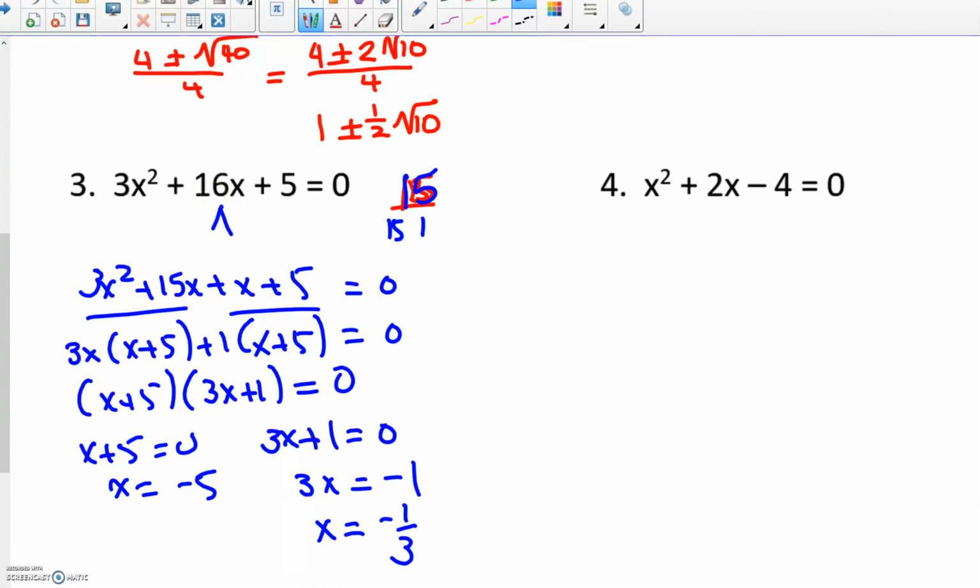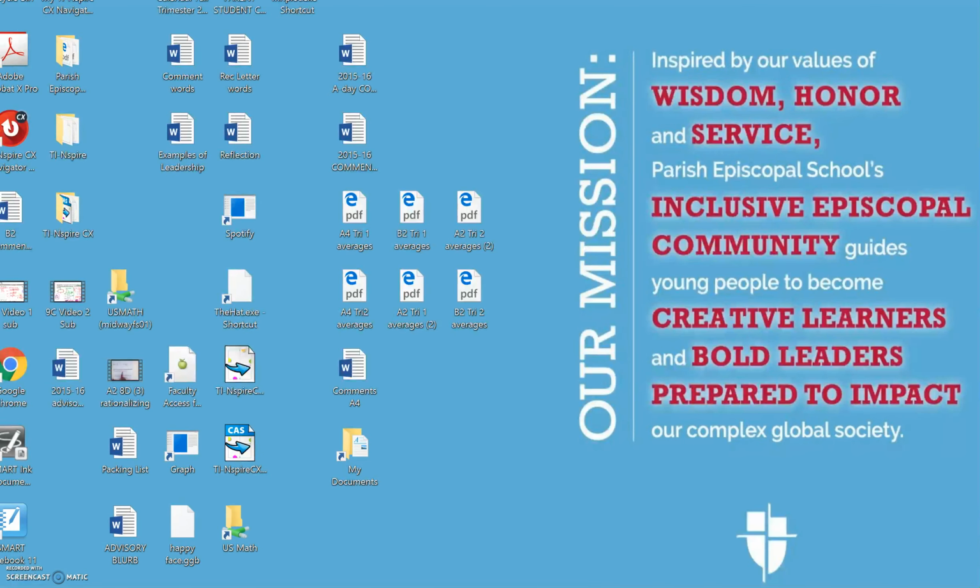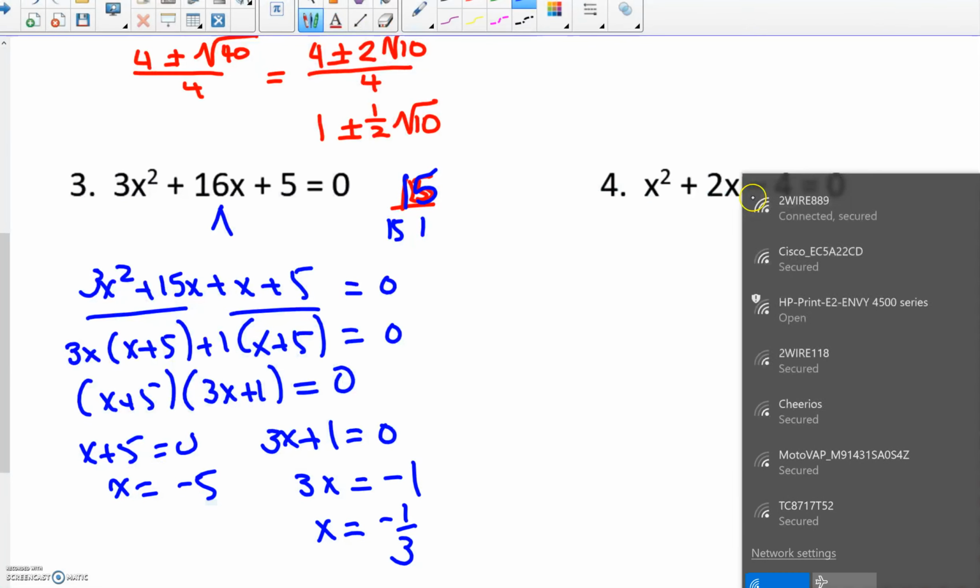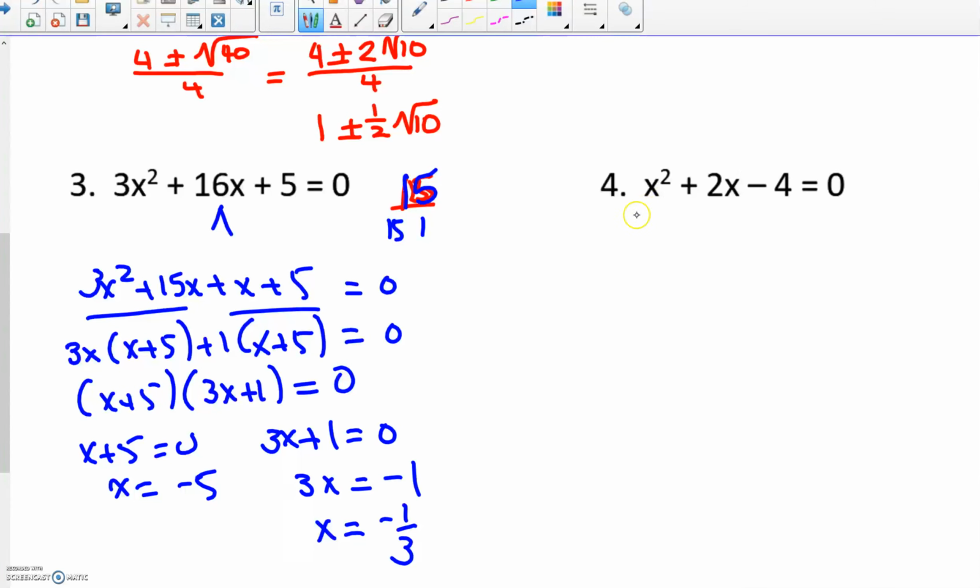And on number 4, 2 numbers that multiply to be -4 and add to 2, we will not be able to do the factoring method on it, and because it starts with a 1, then I am going to do complete the square. So let's review complete the square. So in completing the square, I isolate my x's, so I'm going to move my 4 over there, and then I'm going to take half of 2, which is 1, and square it, so I'm going to add 1 to both sides.